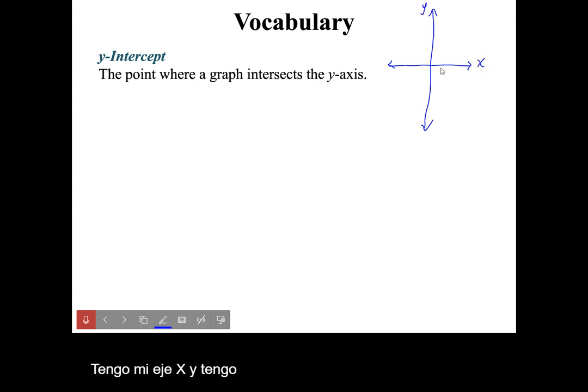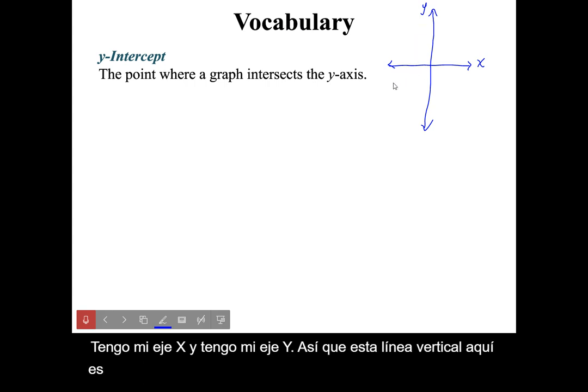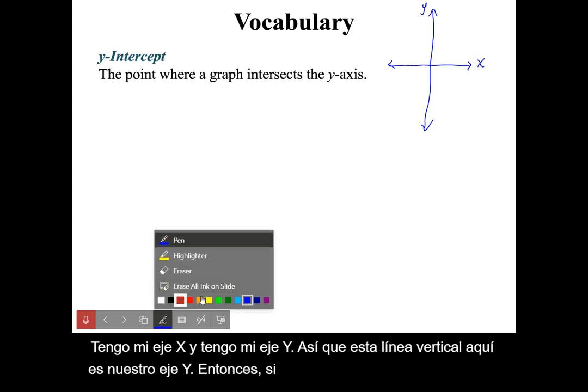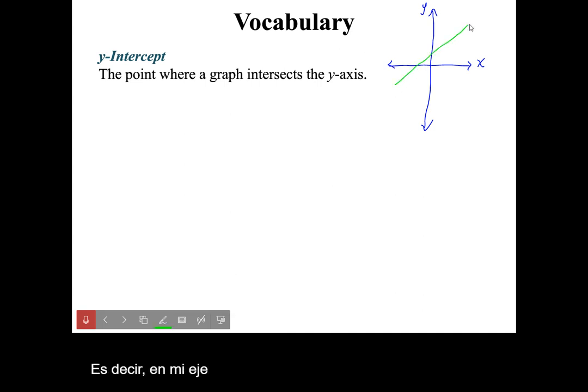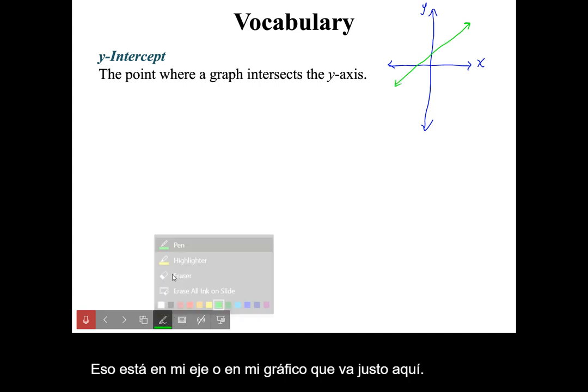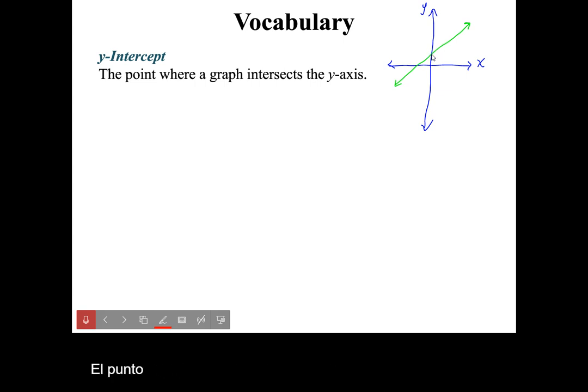So this vertical line right here is our y-axis. So if I have a line on my graph that goes right here, the point on that line where it touches or crosses the y-axis right there is the y-intercept.